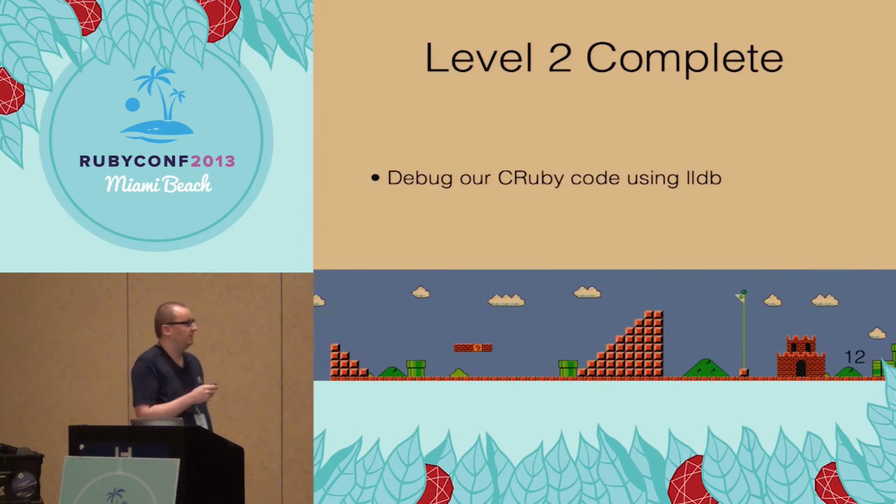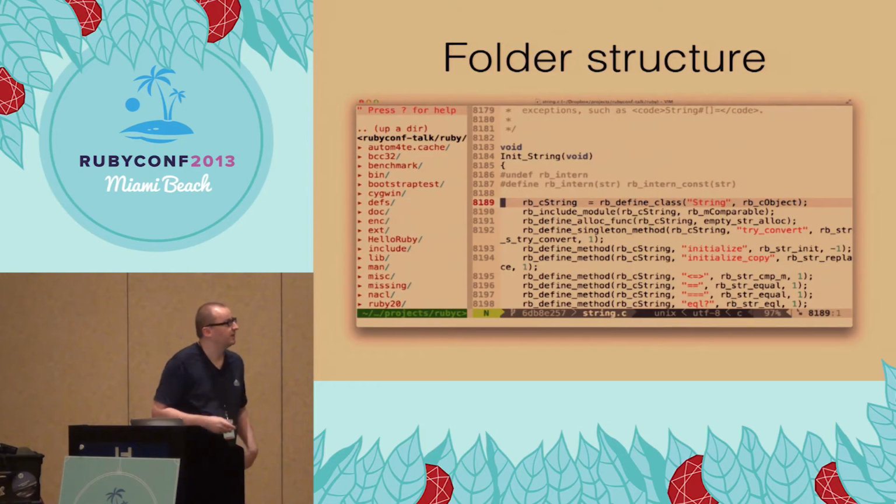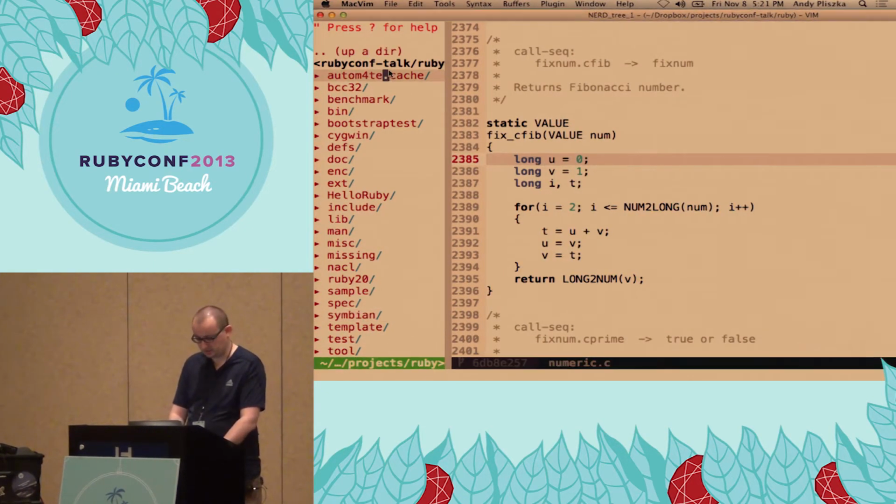Okay, so now we have Ruby compiled, and we can debug it. So the next step is we will take a look at the CRuby source code, and we'll take a look at the folder structure. So this is pretty much the folder when I checked out Ruby from GitHub.